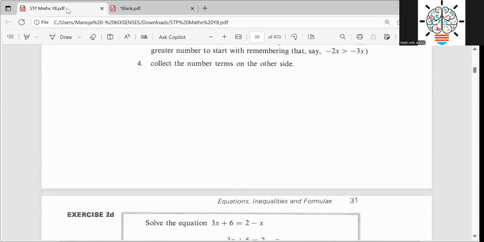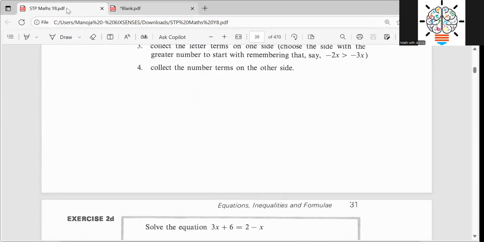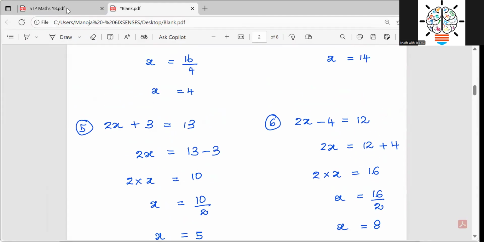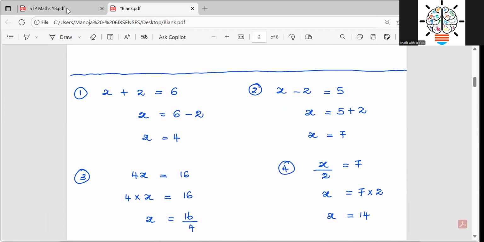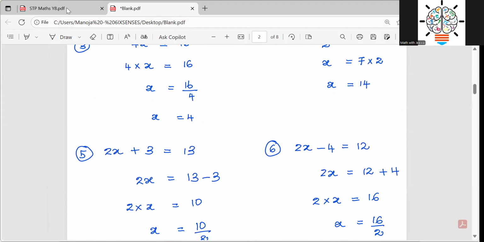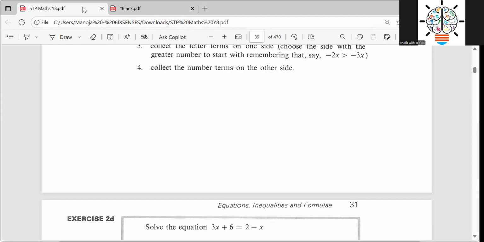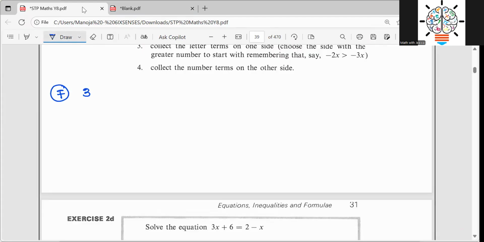So this time, now what happened, children? So far, you had the x letter only on one side. Okay, sometimes the x letter is alone, and sometimes it is with a coefficient like 2x. And the 7th example I'm going to show you here. The 7th example, they have given us 3x plus 6 and 2 minus x.